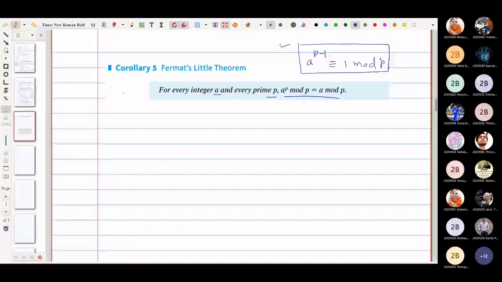Because A is an integer, let us prove this one by the division algorithm.